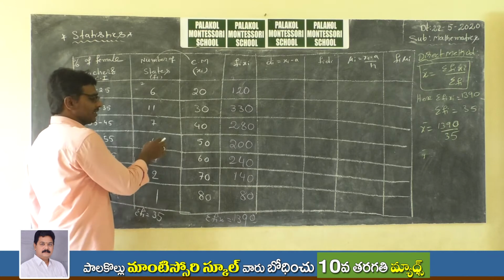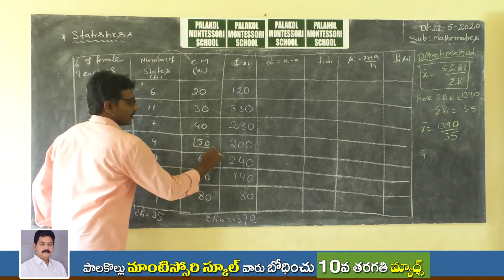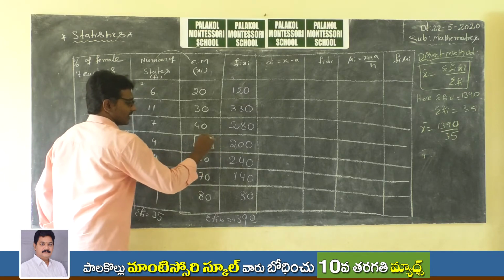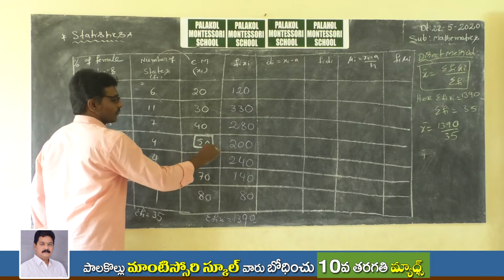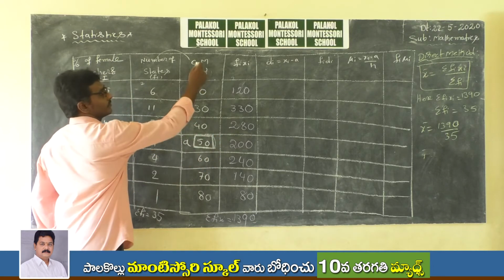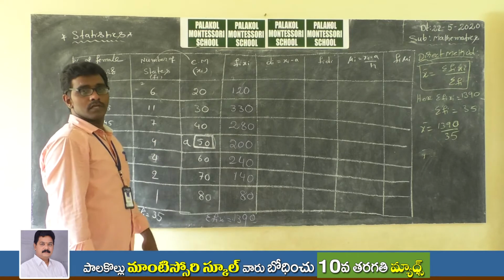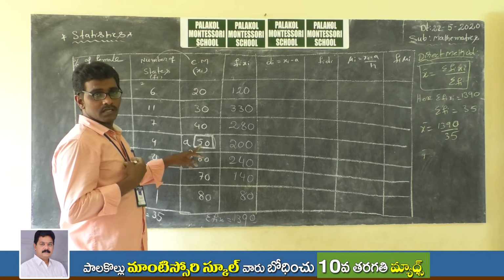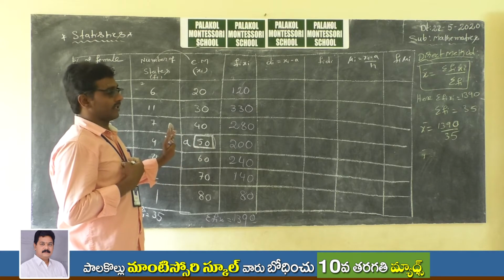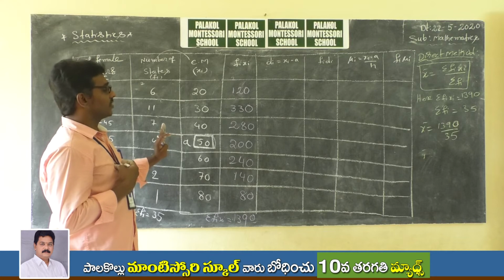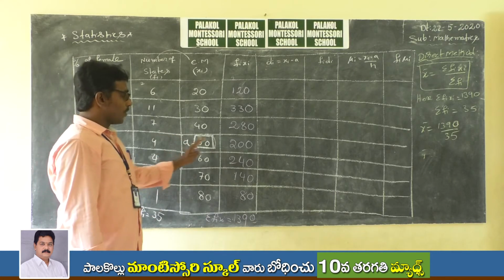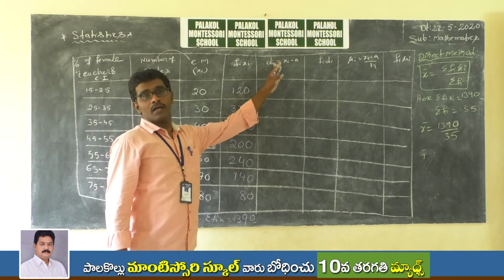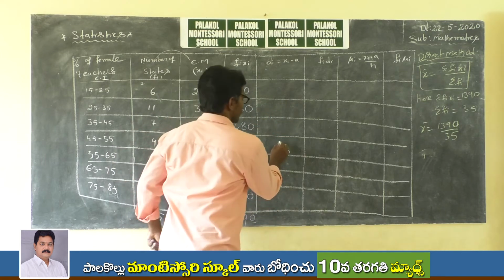I select the middle one. That is, I choose A from the class marks. 50 is what I choose. That value is equal to 50. So A is equal to 50. In the column di you write 0 opposite it.